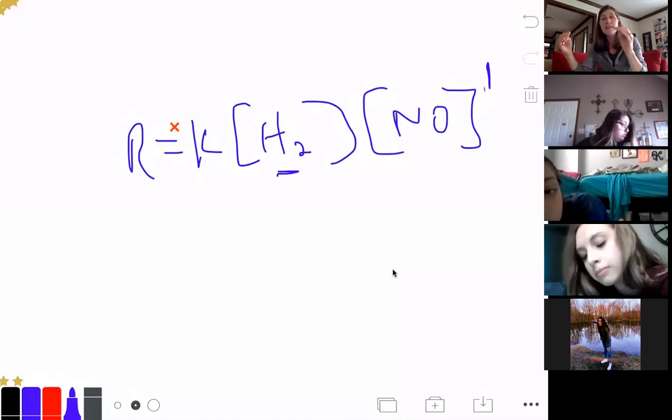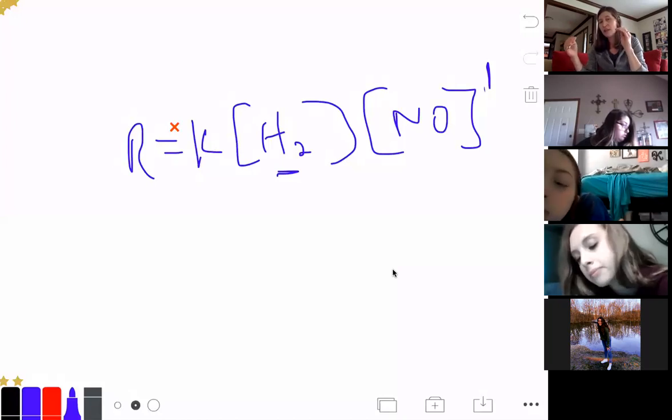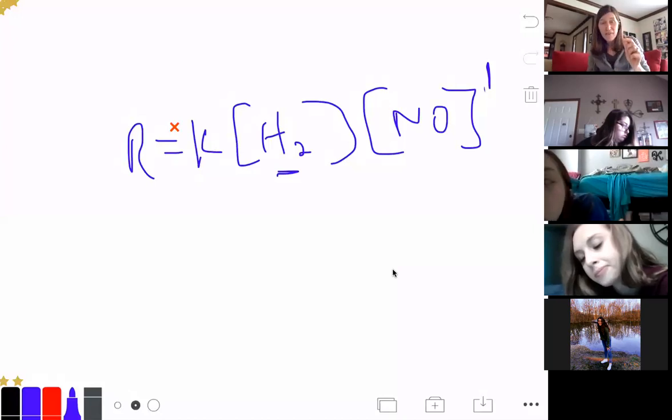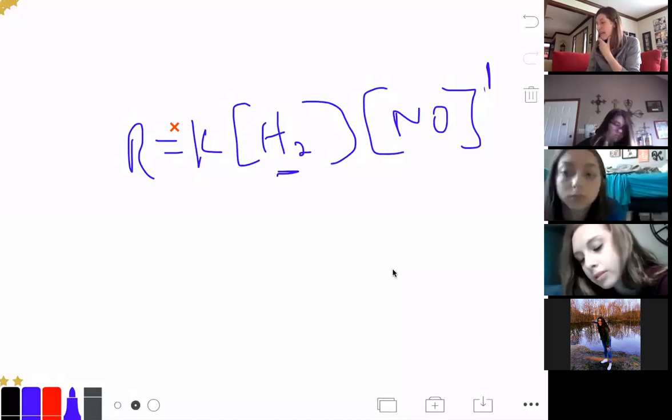They changed in the same way. One doubled, the other doubled. They changed linearly proportionally. What if they weren't the same? Then that's when the exponent changes. So let's look at, well, in this case, the way that the author of the book evaluated those numbers, they looked and said that the reaction rate quadrupled.